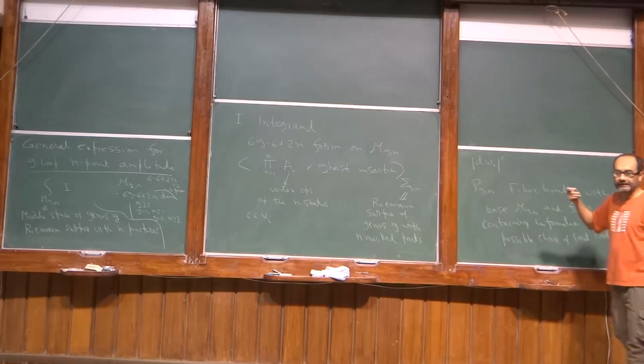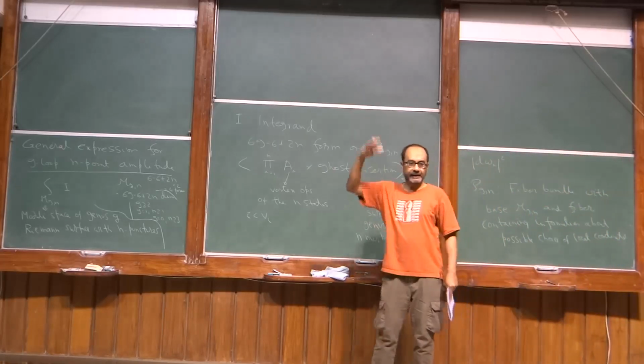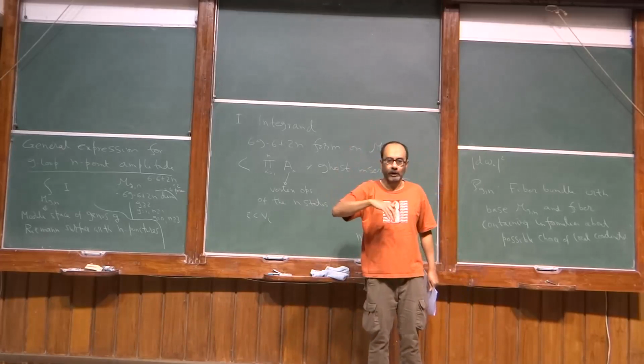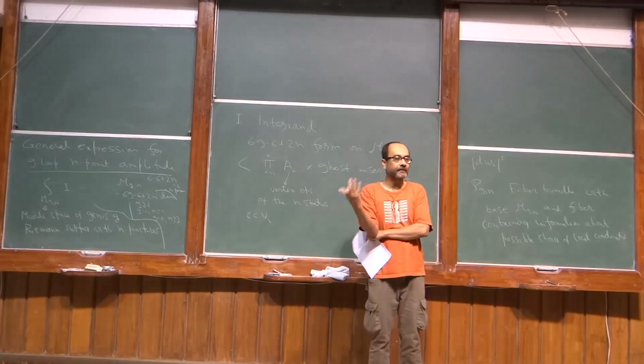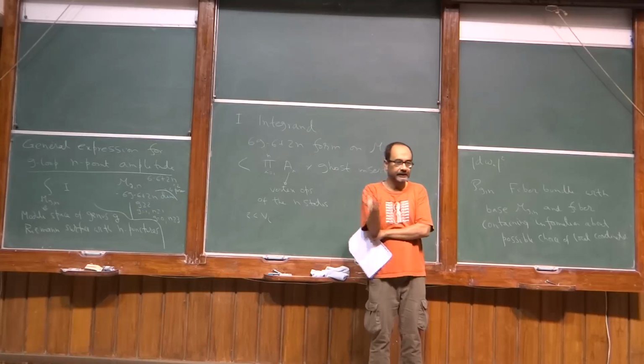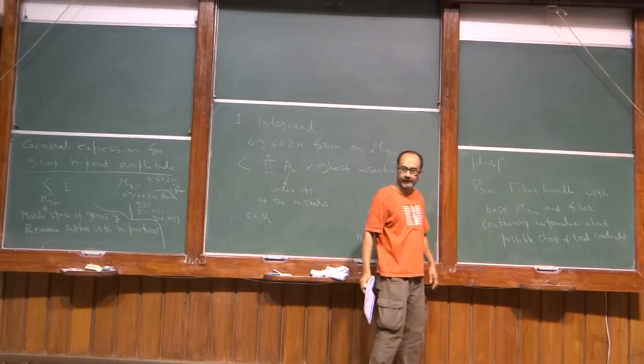Okay, for any point in MGN, for any particular surface sigma gn, the fiber direction labels all possible choices of local coordinates, which means the fiber is characterized by n different functions. Because for every puncture you can choose a function. So that's the fiber direction. That's the reason why this space is infinite dimensional.